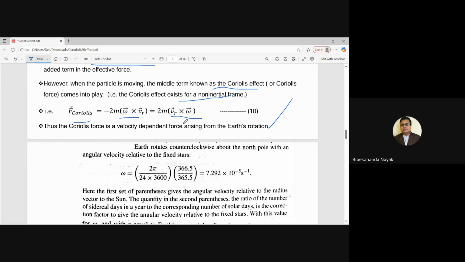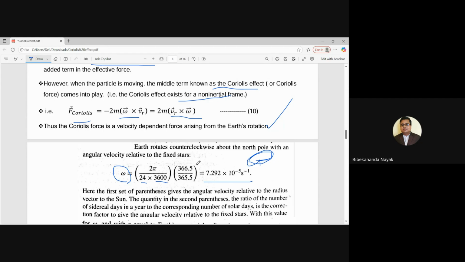How to remember? For Earth, if you calculate omega, it is 7.29 times 10 to the minus 5 second inverse, because to come back to its original position it takes 2 pi radian angle, and the time is around 24 hours, 24 into 3600 seconds.